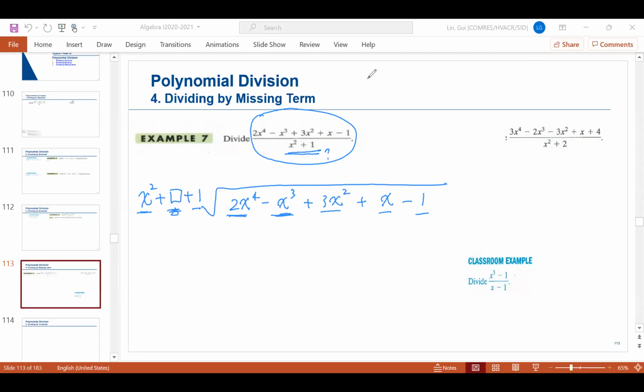So what do we need to do? Firstly, we need to find a term that, times this one, can exactly match this one. All right, so you have 3 terms; pick these first 3 terms. You need to multiply by 2x squared to get 2x to the power 4, right? 2x squared goes on top at the degree of 2.